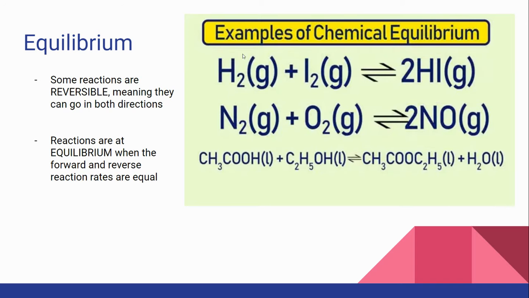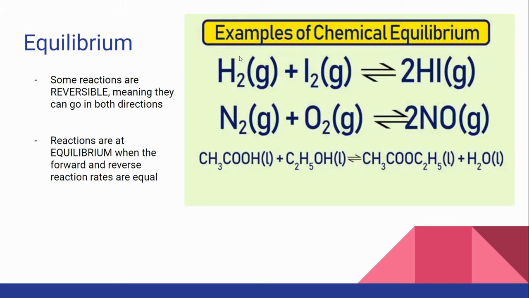Now, when a reaction reaches equilibrium, the rate at which the reactants turn to products and products turn to reactants are equal. So there's still some products going to reactants and some reactants going to products, but the rates of the forward and reverse reactions are equal.